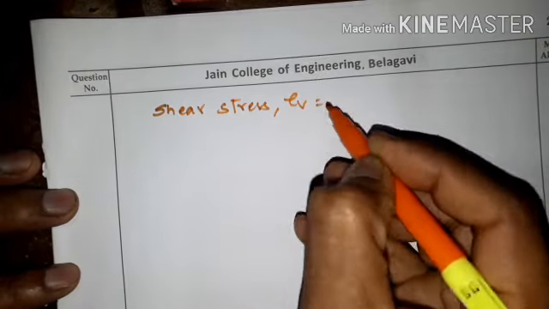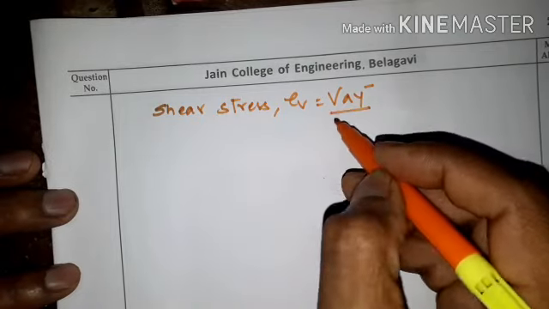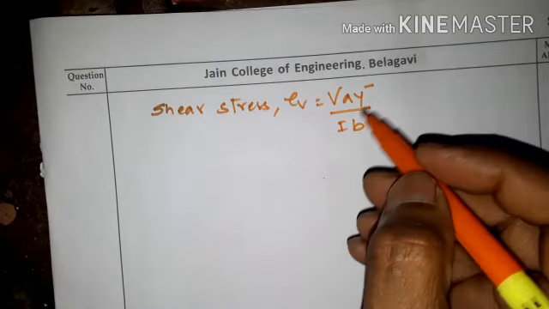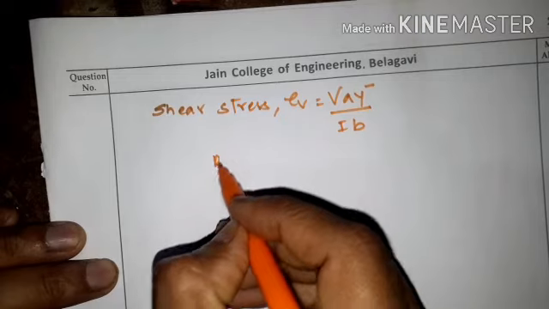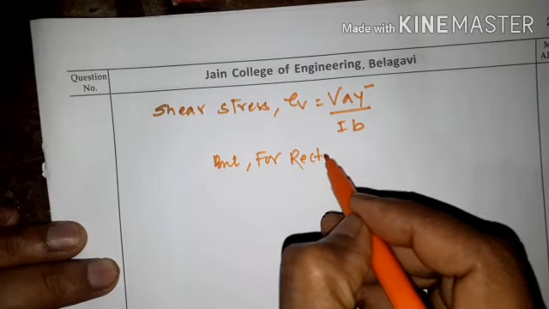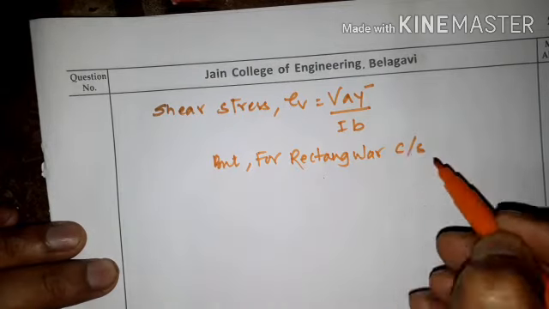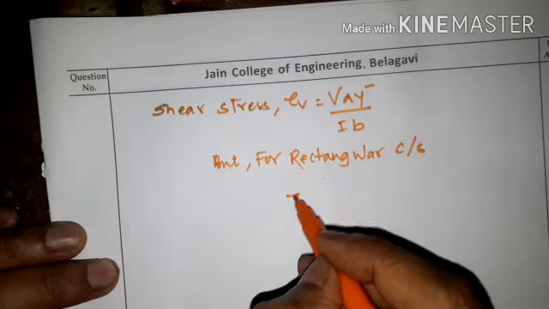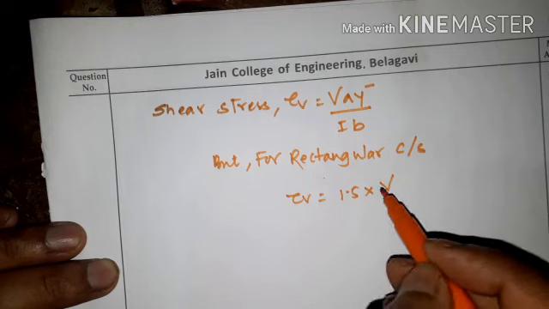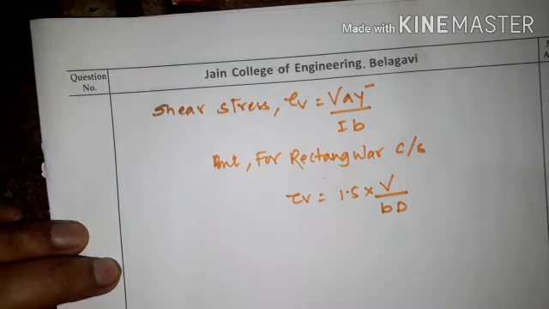Tau V is equal to V A Y bar upon I B is a basic formula for shear stress, but for a rectangular cross section, as we have discussed already, we get tau V is equal to 1.5 times V upon BD.